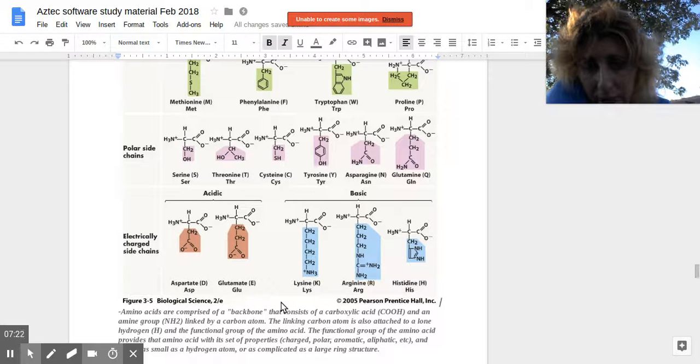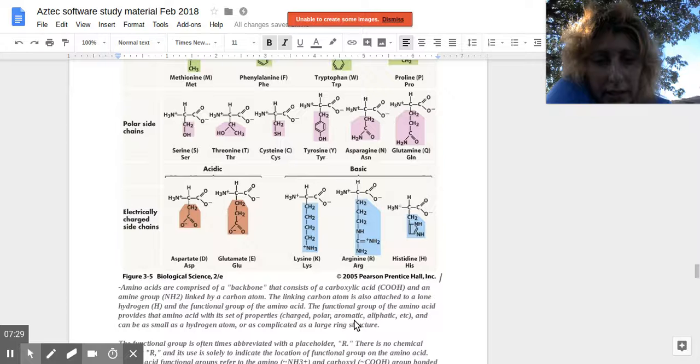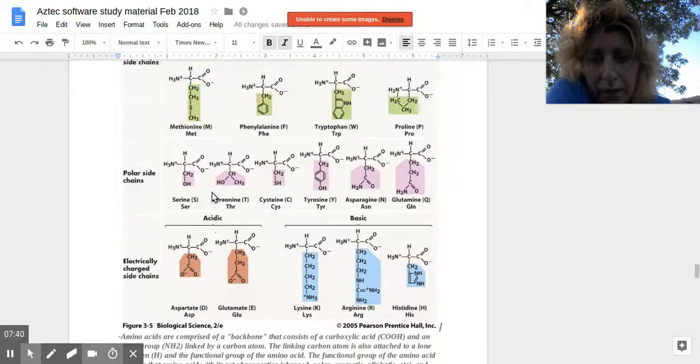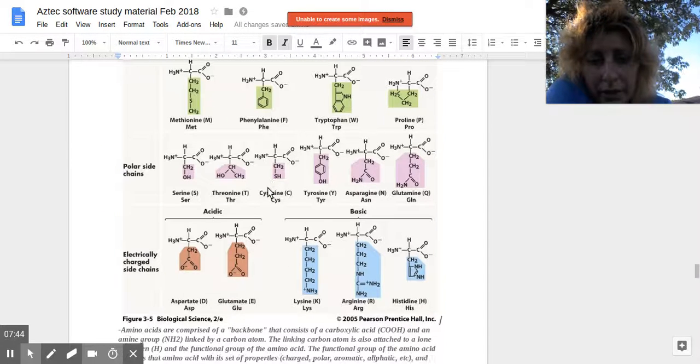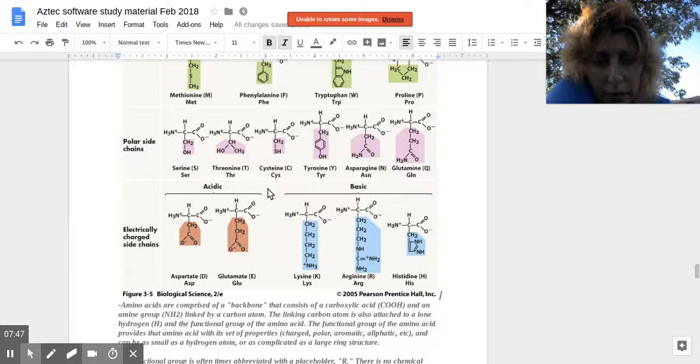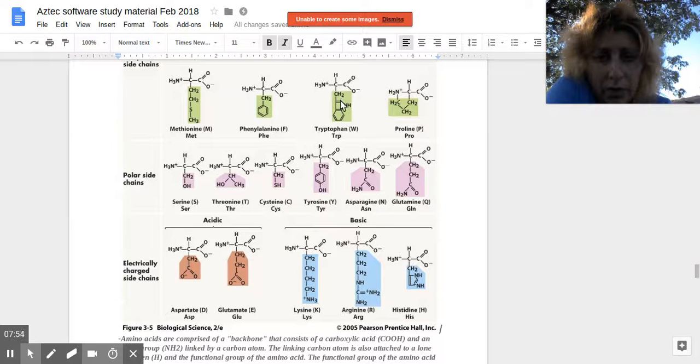The functional group provides the amino acid a set of properties, whether it is charged, polar, aromatic, meaning ringed, aliphatic, etc. It can be as small as a hydrogen atom, for example in glycine, or it can be complicated in a large ring structure like tyrosine, or even tryptophan, which has 2 rings.